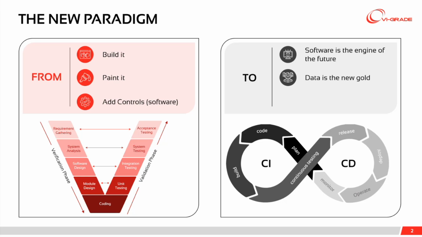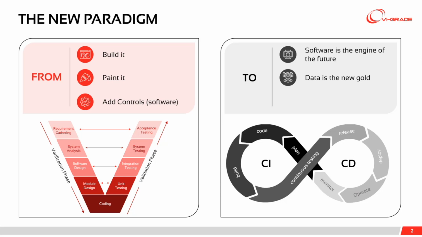If we look now where the software-defined vehicle is going, where the industry is going, it's changing dramatically, where you see quotes like software is now the engine of the future, or data is the new gold. So we're moving from a development process driven by mechanical design to a software-driven development process.